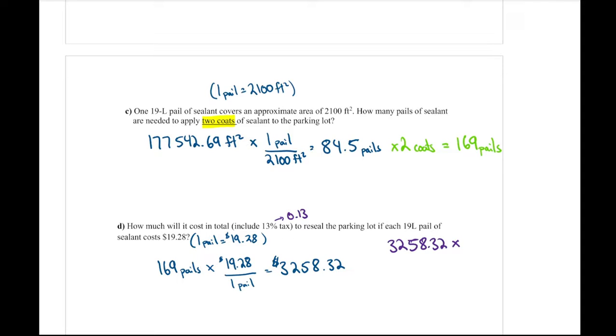Basically, percent means per 100, so I'm dividing 13 by 100. So multiply that, and I get the amount of tax, which is $423.58. So that's how much I'm adding on top of the cost of the pails.